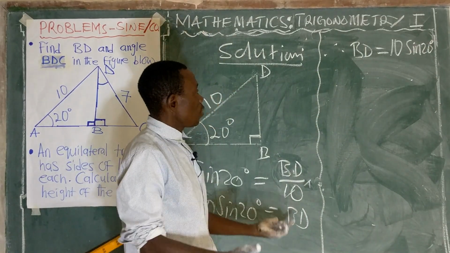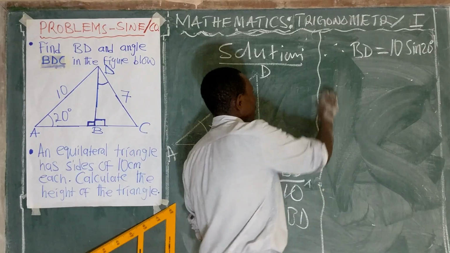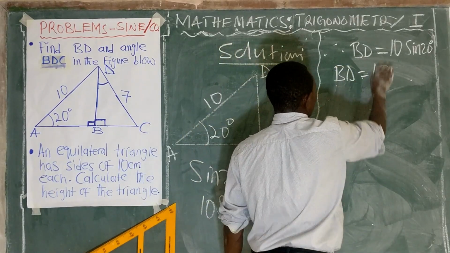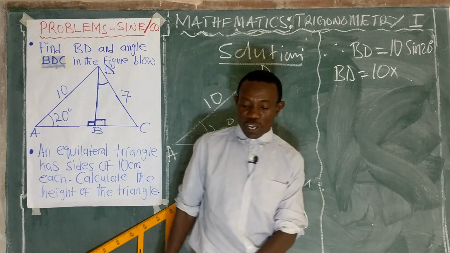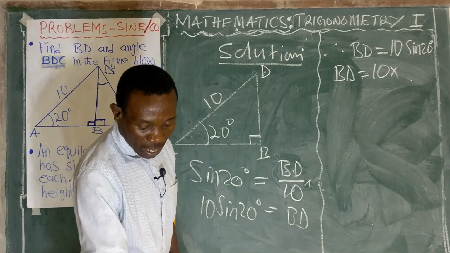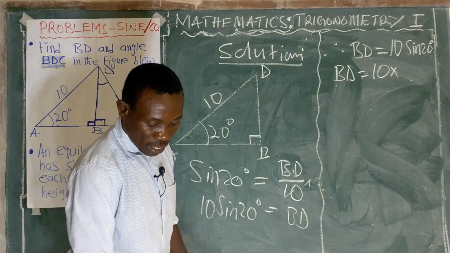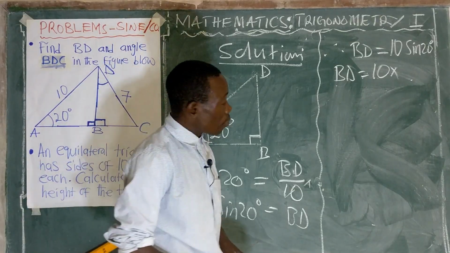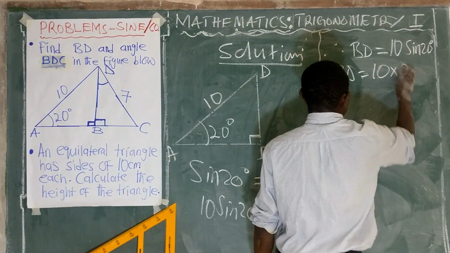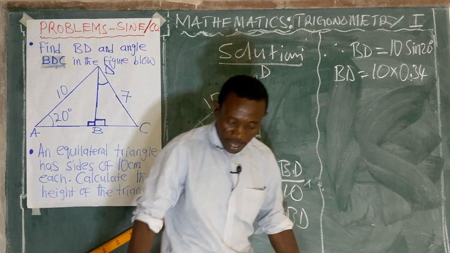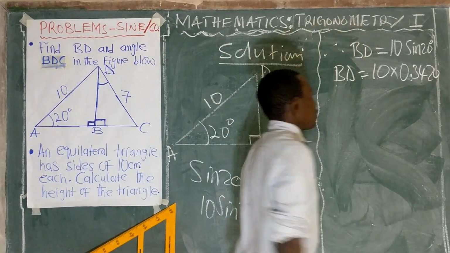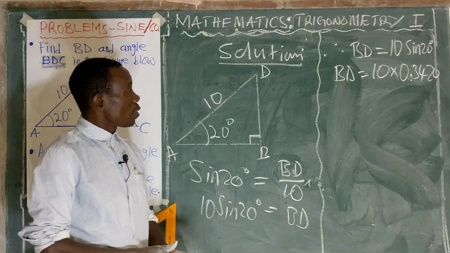Right. So what is it that we are remaining with? Nothing else difficult. Here you just multiply 10 by sine of 20. You go on the calculator and find the sine of 20, and you find that sine of 20 is 0.34. That's the sine of 20 degrees.